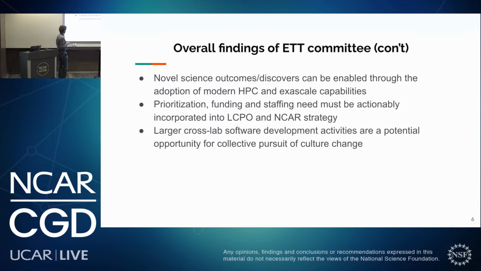We also believe that prioritization, funding, and staffing needs to be part of the LCPO and NCAR strategic plan. This is not just, can you work on this in your free time after you finished all the other stuff that you've done. You have to be intentional about this. And we also thought that cross-laboratory software development activities are a potential opportunity to build on this.